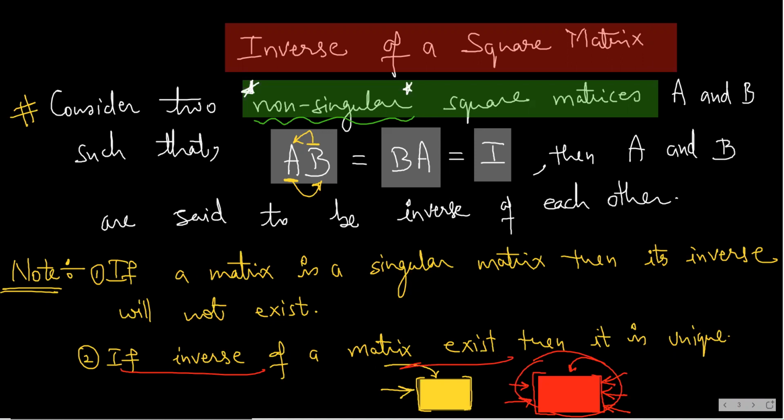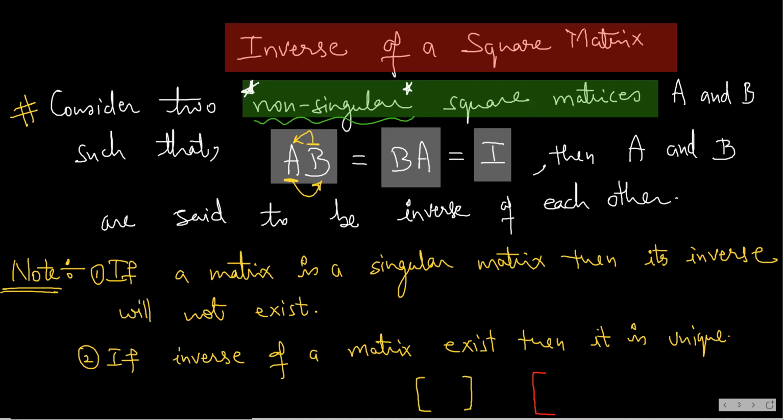The inverse of a matrix will be one and only one matrix. It is not that five students are solving the inverse of a matrix and all of them are getting different answers. No, that will not happen. They will all get one single answer.